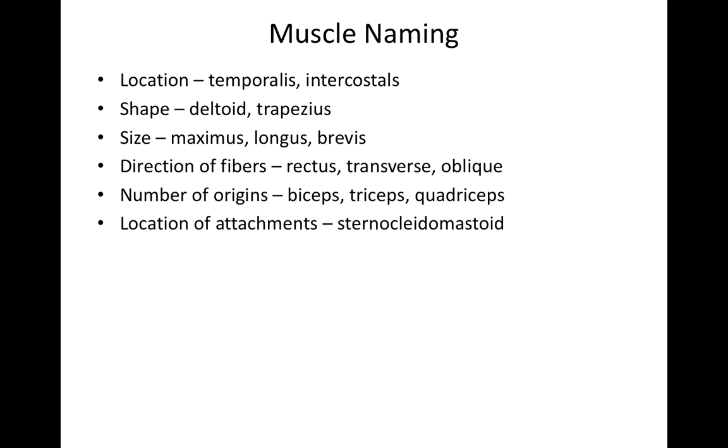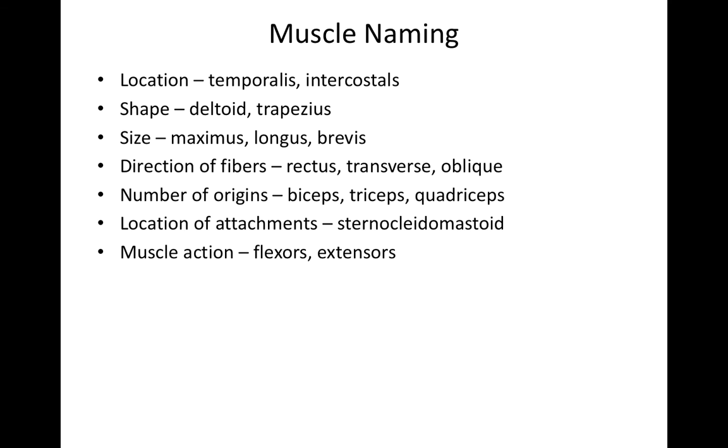Sterno means sternum, cleido means clavicle. So you've got a point of attachment on the sternum and the clavicle, and then it runs diagonally up your neck, posteriorly, and attaches on the mastoid process of the temporal bone. So sternocleidomastoid. It's telling you exactly where it lies in the body.